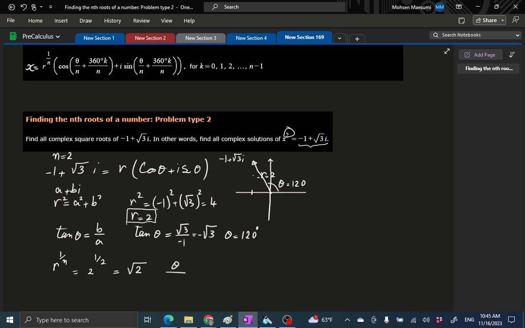Theta divided by n, our theta is 120 degrees, divided by 2, that's also 60 degrees. Now we are going to form our formula.